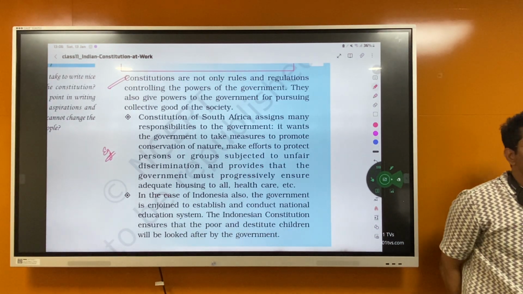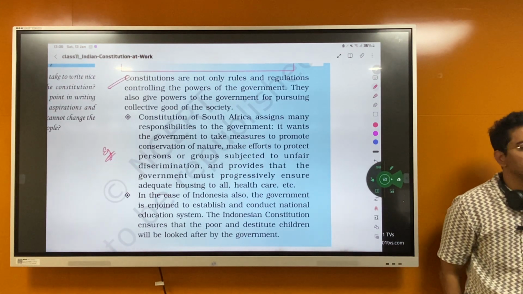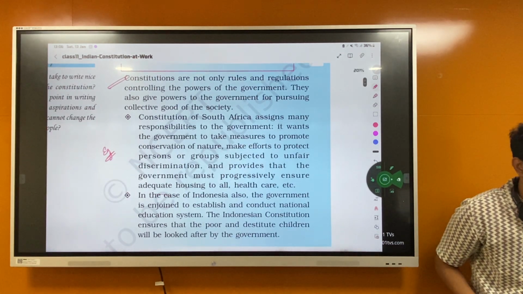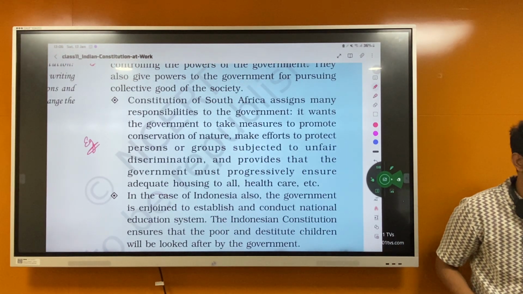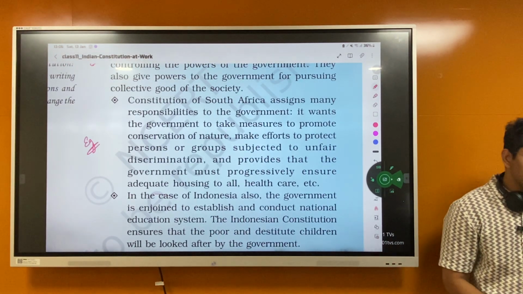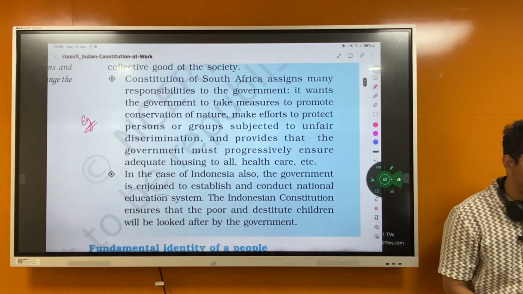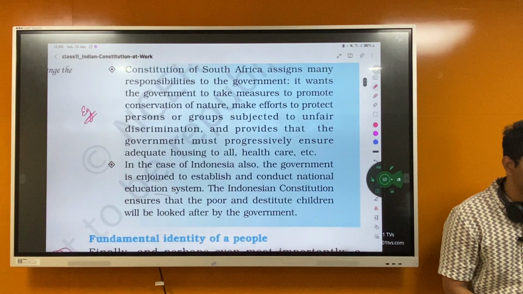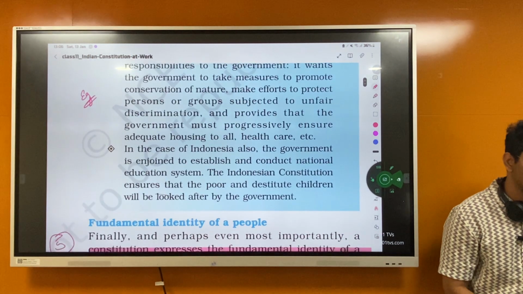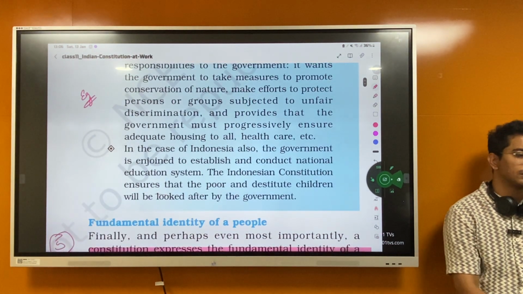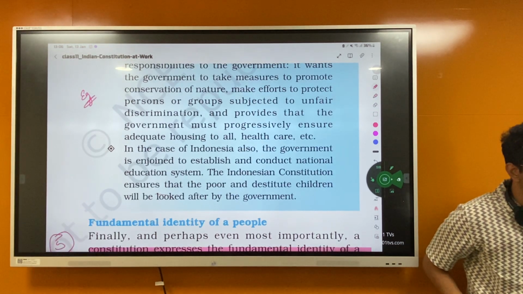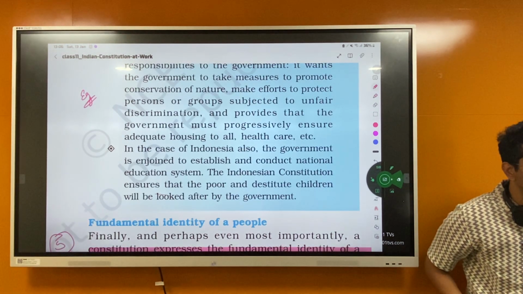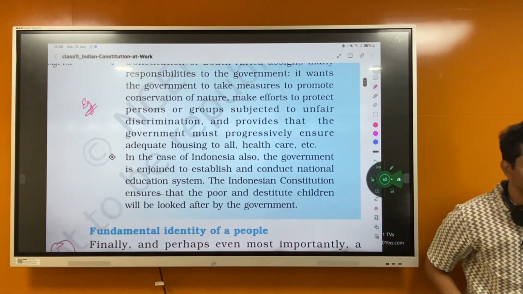It wants the government to make measures to promote conservation of nature, make efforts to protect persons or groups subjected to unfair discrimination, and provides that the government must progressively ensure adequate housing to all, healthcare, etc. In the case of Indonesia also, the government is enjoined to establish and conduct a national education system. The Indonesian constitution ensures that the poor and destitute children will be looked after by the government.